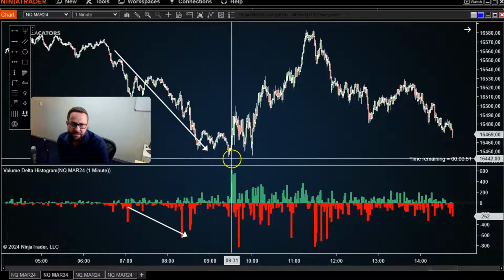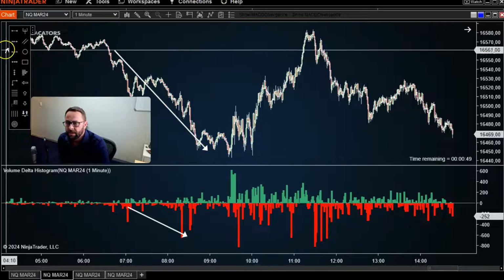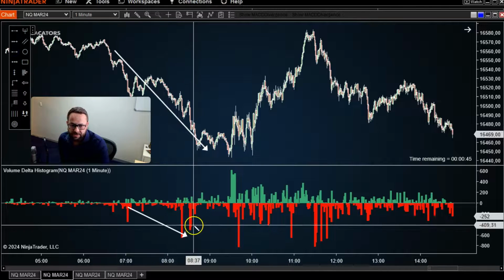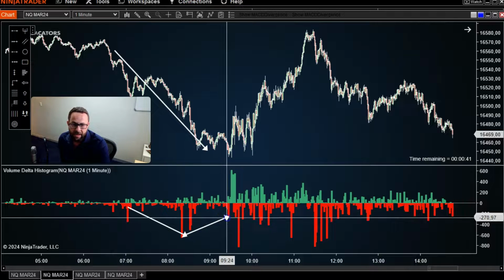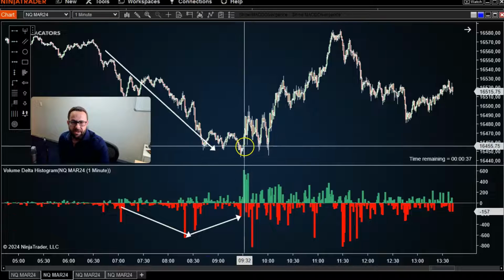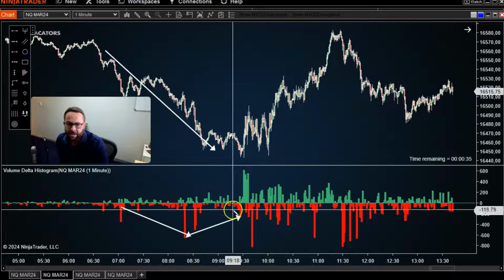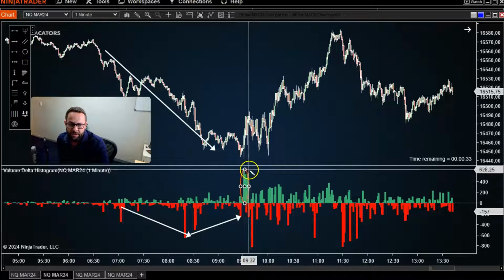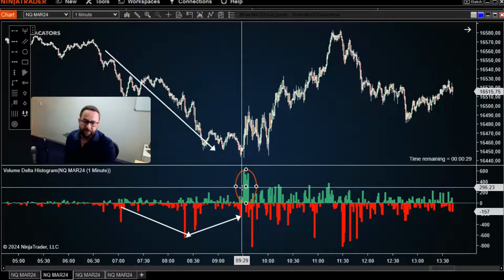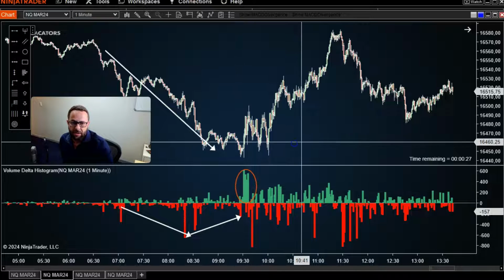And then until that stage where price actually made a low, it's a beautiful example of how volume delta started drying up, and then at a very particular point in time, price made a strong move back to the upside with a huge increase in the volume delta histogram, showing that buyers were very fast stepping into this market.